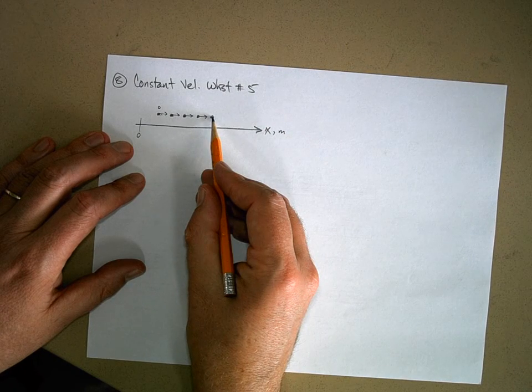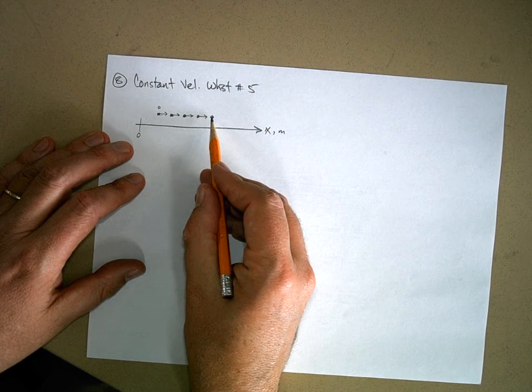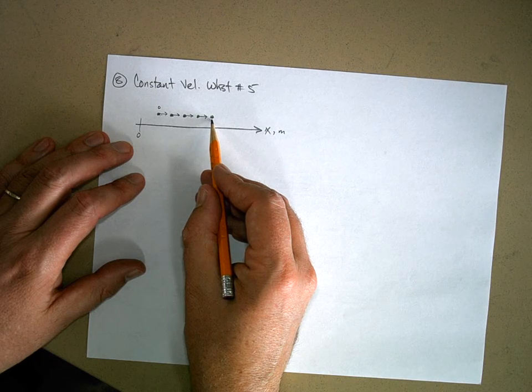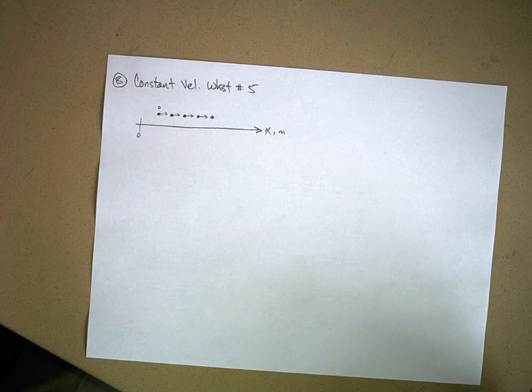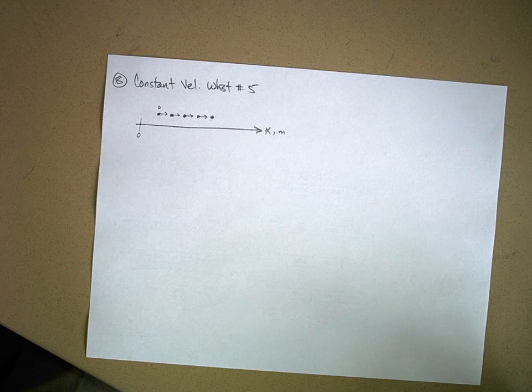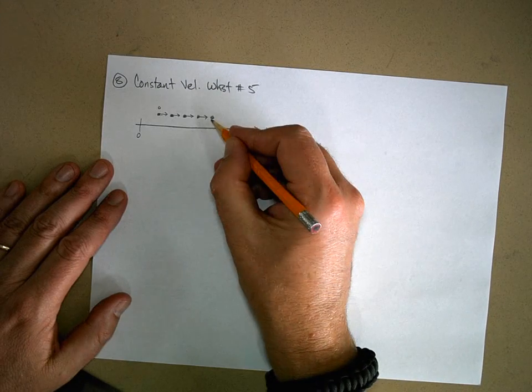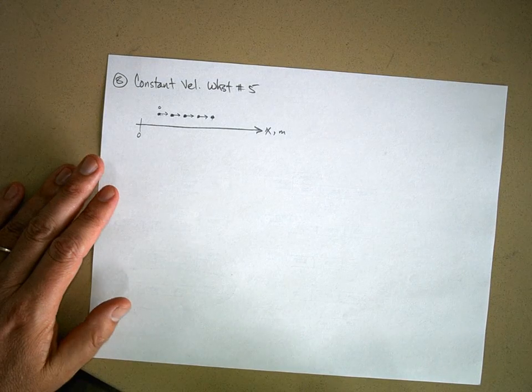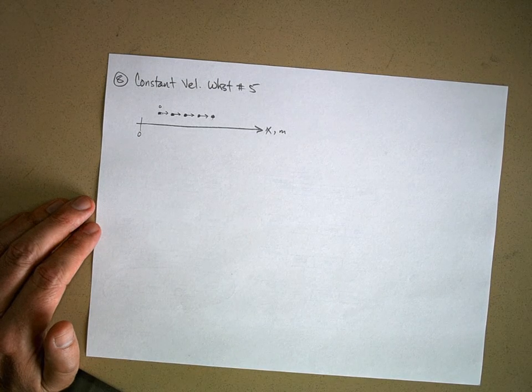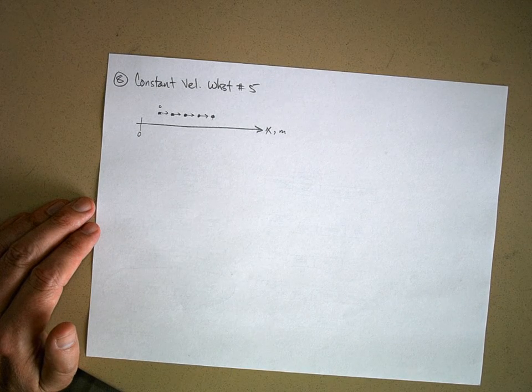So I'm putting dots on top of dots on top of dots as I draw my motion diagram. Is that going to work? No, because you're going to be confused about how much time you were there.